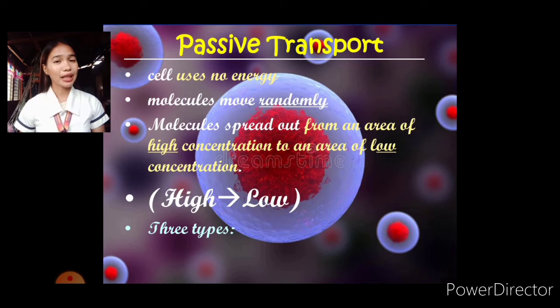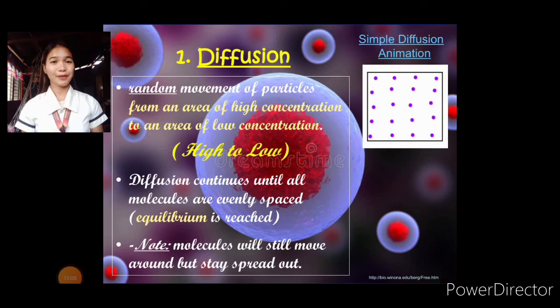Passive transport, class, has three types. First, we have diffusion. In diffusion, there is random movement of particles from an area of high concentration to an area of low concentration.